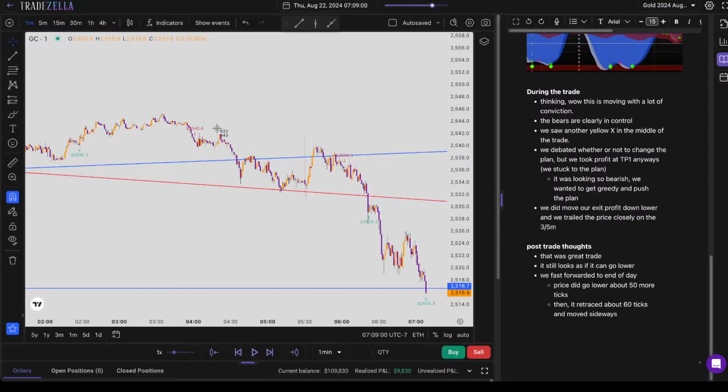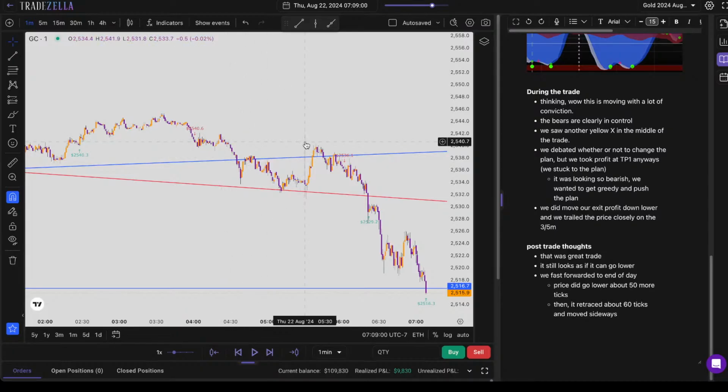Hey, how about that scam wick? Jeez. Look at that thing. Anybody that had their stop loss above this support or this trend line, I think it even got these folks.